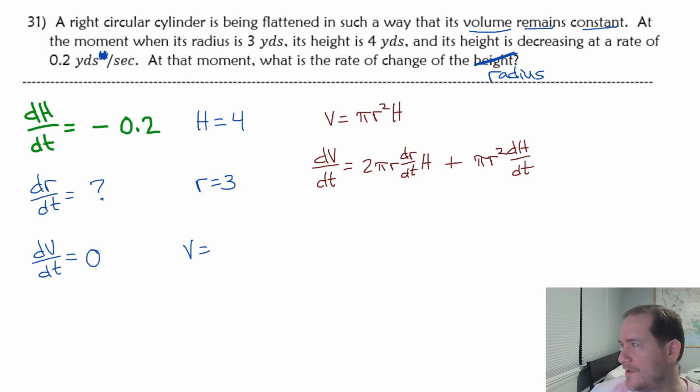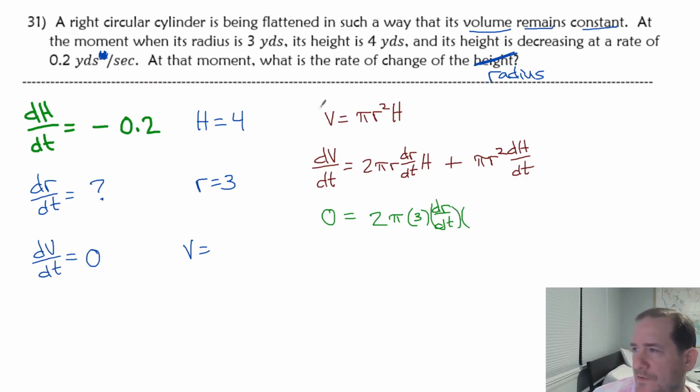So we take everything we know and we substitute it in. The rate of change of our volume needs to be 0, because again, if we're squashing a big hunk of Play-Doh, we're not losing Play-Doh or gaining Play-Doh. Our volume stays the same. But as we squash, we're squashing until the radius is 3. And the rate of change of the radius is what we want to solve for. So dr dt is the variable we're after.